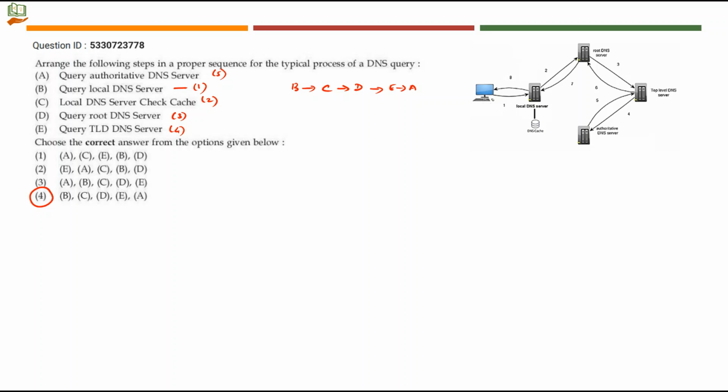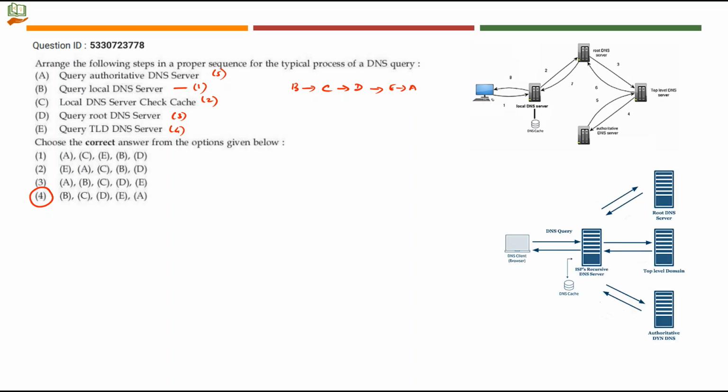You will have a local DNS server. If it cannot find it from the cache, it will query the root DNS server. So the order goes like this. But in a general scenario, instead of this local DNS server, we have something called a recursive DNS server. This will act as a DNS resolver, we can say.